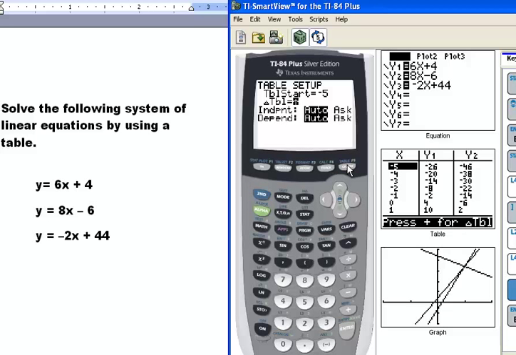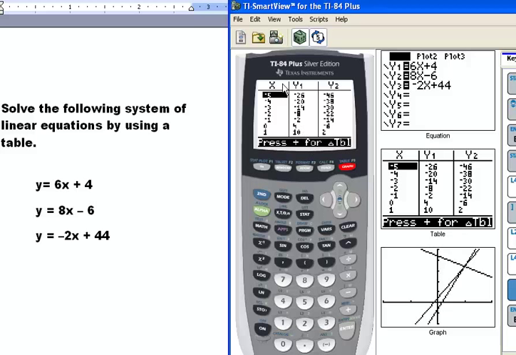Notice now when we go back to our table that we started with an x value of negative 5. Now to solve a system of equations, we are looking for an x value and a y value that all of the equations have in common. So what we're looking for is for y1, y2, and y3 to have the same answer.